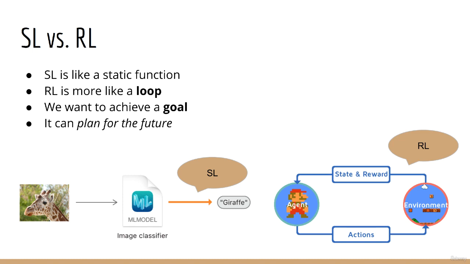Alright, so that's the major difference between supervised learning and reinforcement learning. With supervised learning, we have no concept of a goal or the future or planning. We just take an input and produce an output. It's a static function. With reinforcement learning, we have a plan, and that plan can be carried out in the future to reach some predefined goal.